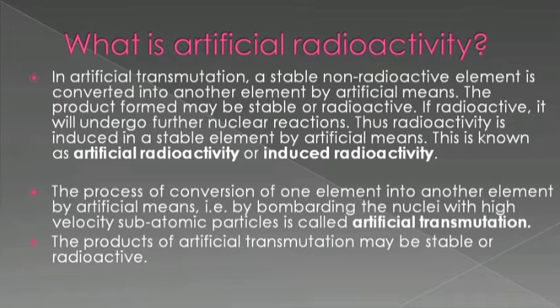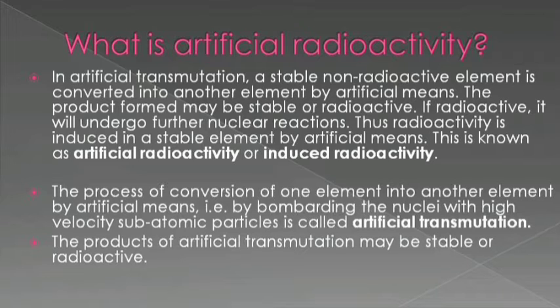But this is different from artificial radioactivity, as in nuclear transmutation there is conversion of one stable nucleus into another, but we are not pointing out whether the daughter nucleus is stable or unstable. If the daughter nucleus is stable, then it is okay, but if the daughter nucleus is unstable, then the process will go on because the daughter nucleus is radioactive itself.